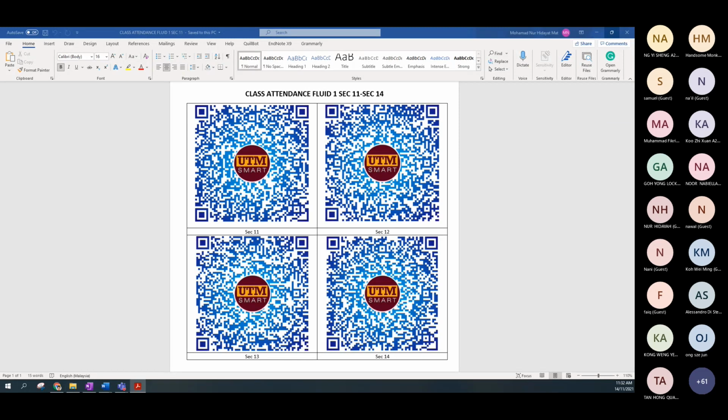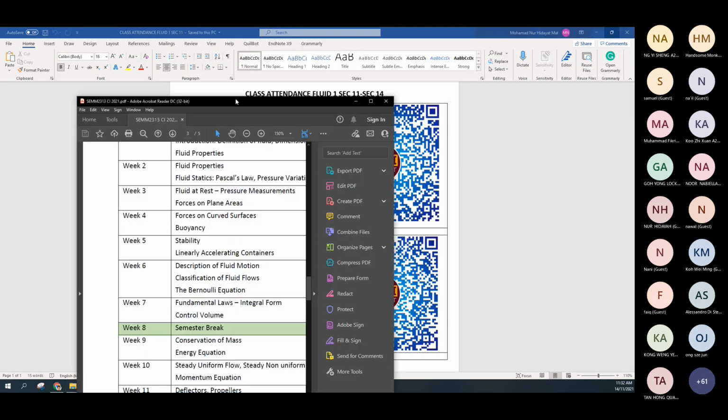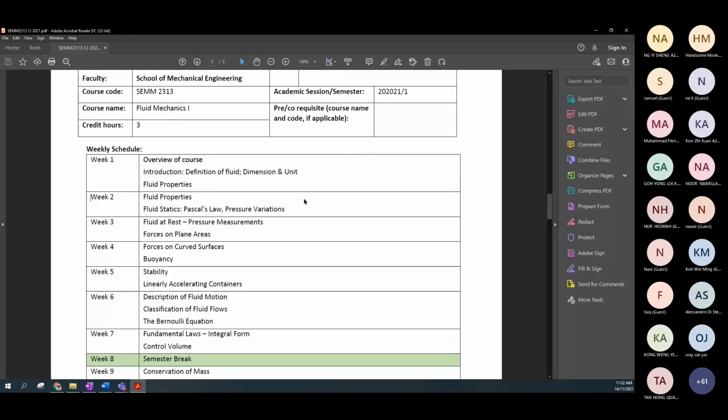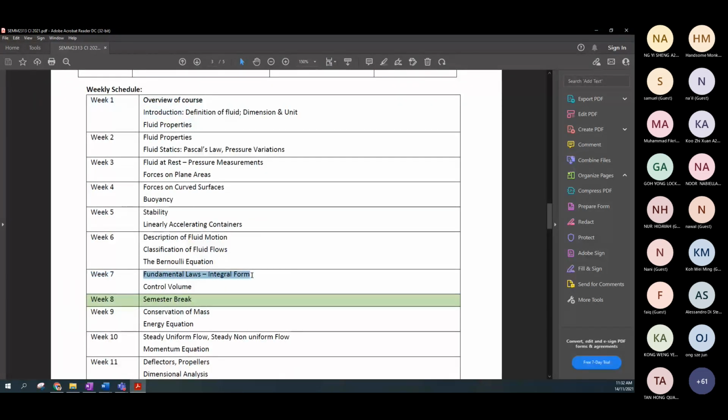Alright, class, can you see? This is the course information. We have covered week 1 until week 7. Fundamental law, integral form, where we use the RTT, Reynolds transport theorem, to convert from the system into control volume. So we derive the control volume for the conservation of mass.